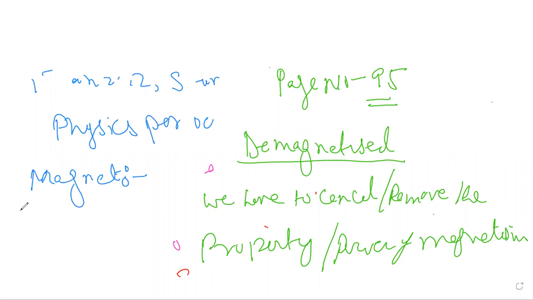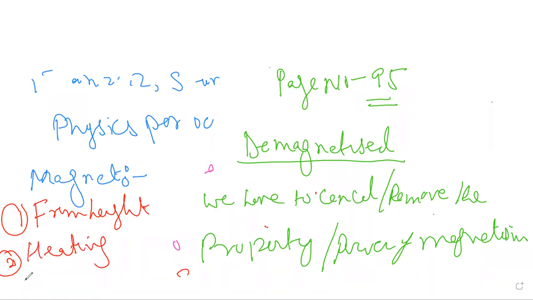So the first point is dropping it from a height. Very good, beta. Then the second, if we hit it very hard with something. Third point, heating. And hitting with a hammer.